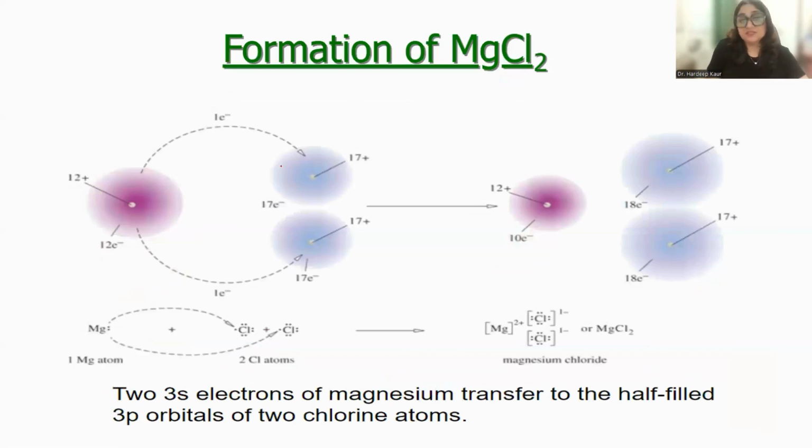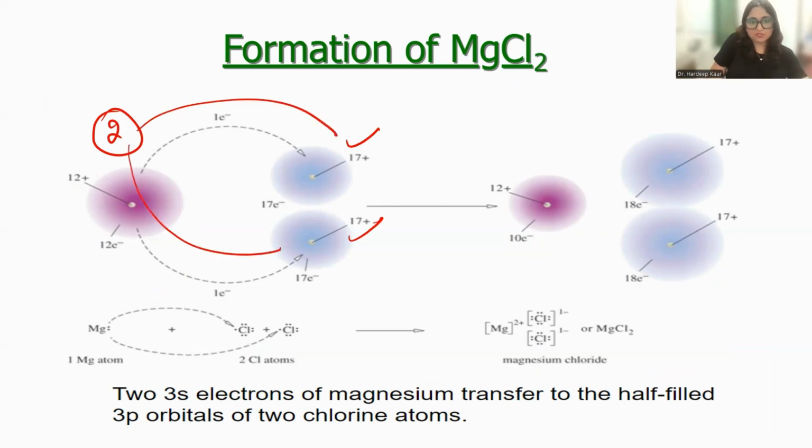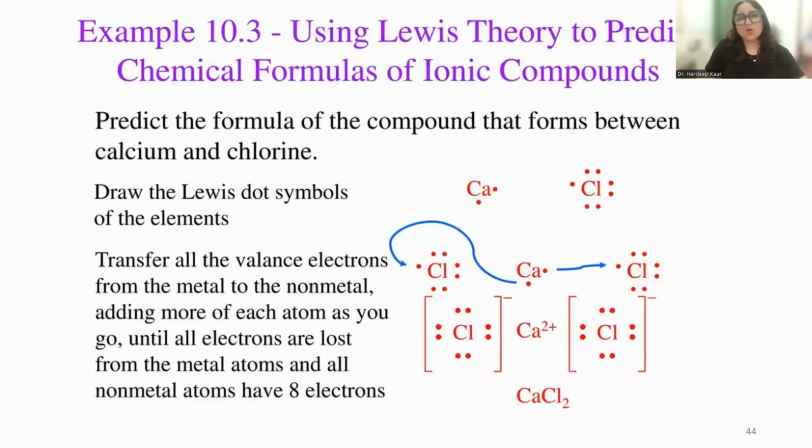Similarly, in the case of MgCl2, magnesium wants to give 2 electrons, but these two chlorine atoms want to take 2 electrons. So one goes to this one and one goes to that one. So simple. So this is how, using Lewis theory, you can predict the chemical formula of an ionic compound.